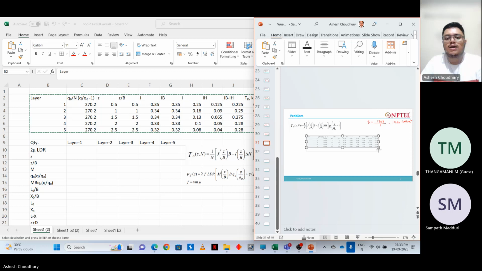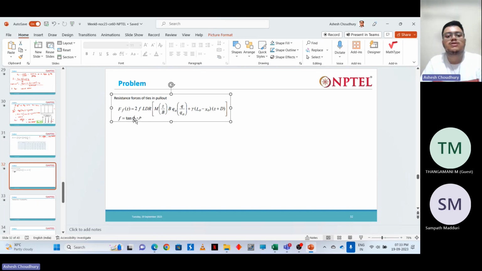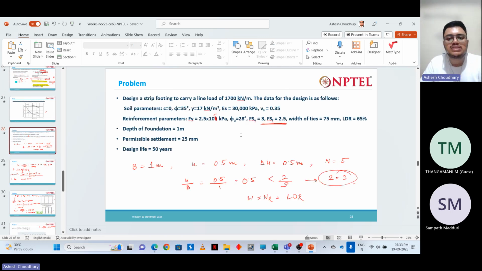Now you can see here F is nothing but tan of phi u, which is equal to mu. What is phi u? Phi u is given as 28 degrees. So tan 28 degrees will be nothing but mu.